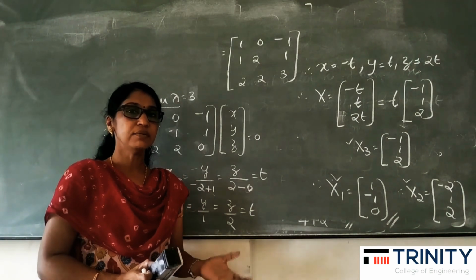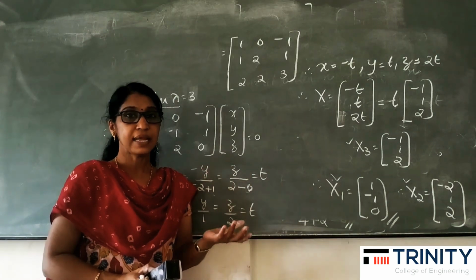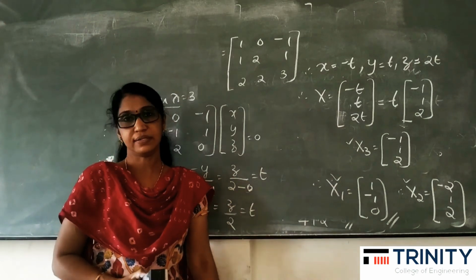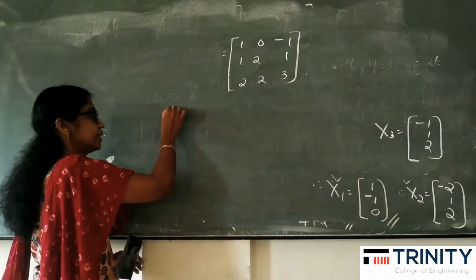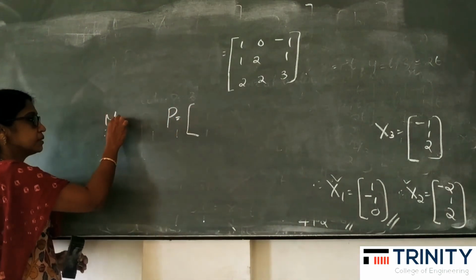So eigen values and eigen vectors, half the part is over. Now we have to diagonalize the given matrix A using these eigen vectors. Now we have to write the model matrix P. What is the model matrix P?